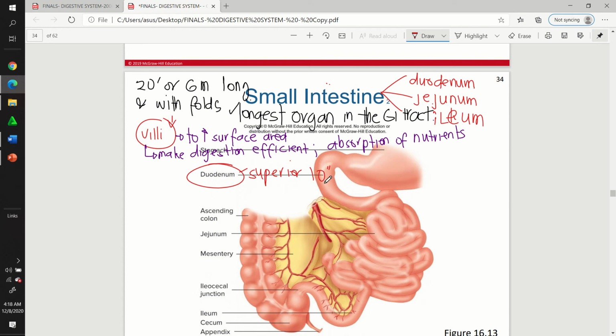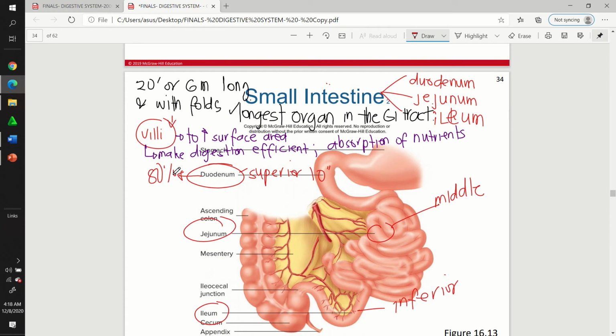And then we have your jejunum, that is the middle portion, and we have your ileum. Your ileum is the most inferior part. Now, the bulk of chemical digestion usually occurs in the duodenum, roughly around 80% of your chemical digestion.